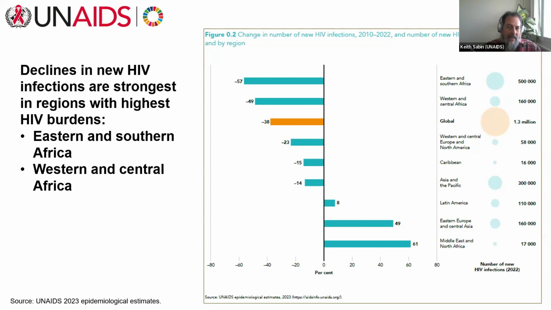And the other regions are either doing less well, or in some cases, they're beginning or continuing to move in the wrong direction. Now, while the epidemic in the Middle East and North Africa is clearly expanding, it's still a relatively small epidemic. But if we don't intervene there in the near term, we're going to have issues in the longer term. Next slide, please.